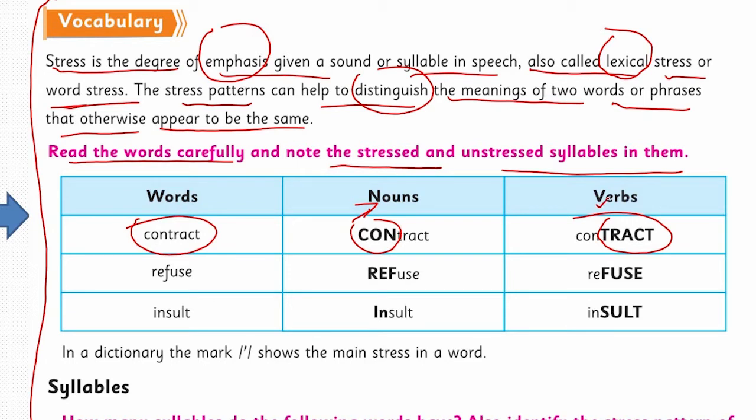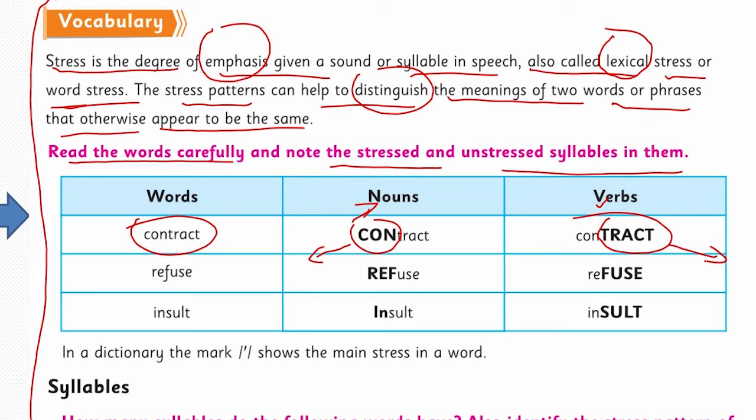Contract, con is related to the noun and tract is related to the verb. This is one syllable here, C-O-N, 3 letters but 1 syllable. Always remember that. Tract, 1 syllable but 4 letters here.